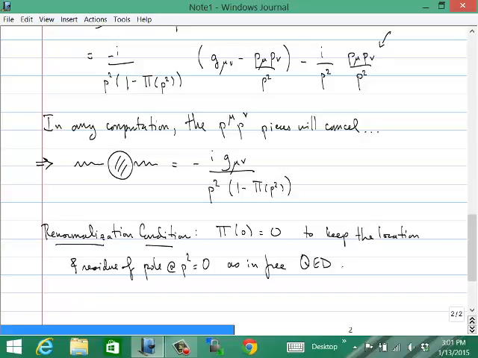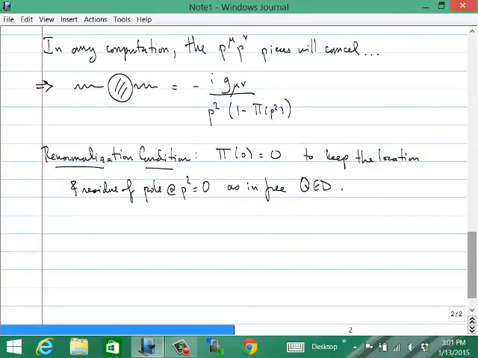Good, okay. So the renormalization condition that we want to impose is that Pi vanishes as p squared goes to 0. That's the statement that your photon remains massless and is normalized appropriately. Explicitly, just because I think it makes this renormalization procedure a little more clear, let's consider what would happen if we let Pi at p squared equal 0 not be 0.